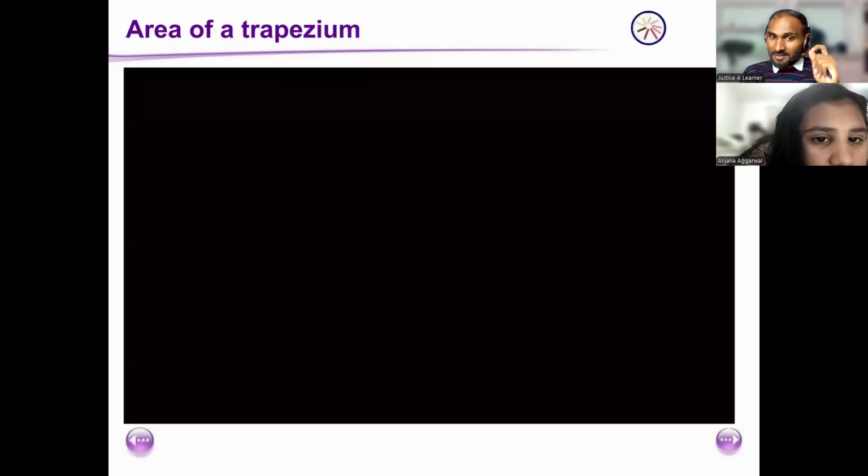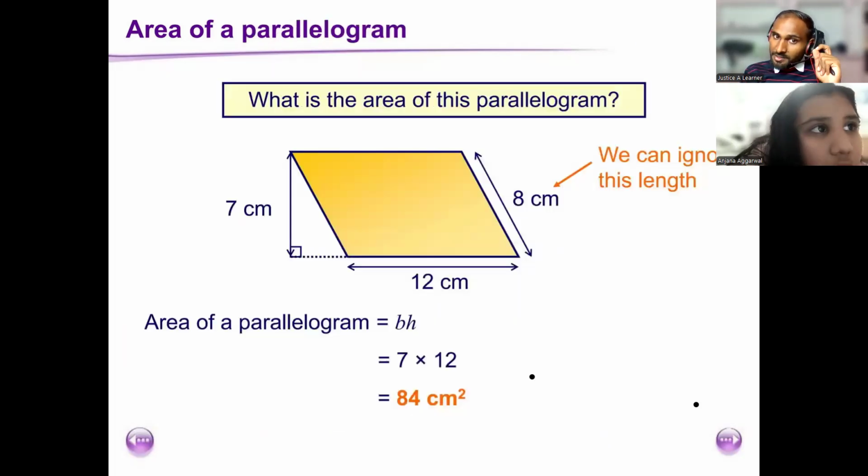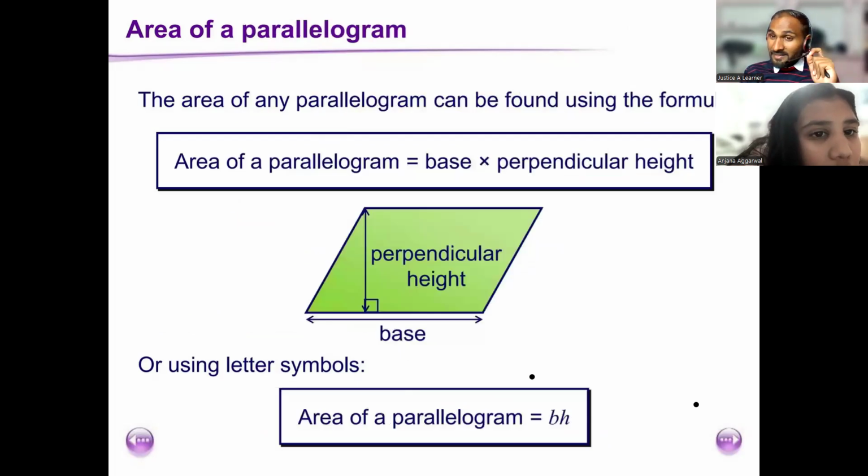Now see again. This is particularly for parallelogram: base into height. Yes, that relates with a rectangle, but there we have a different name for those dimensions, length into width, so LB. Here we are using another term. Width, we are calling it H, right?